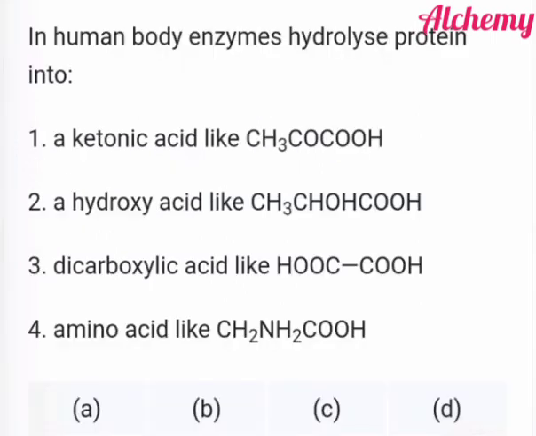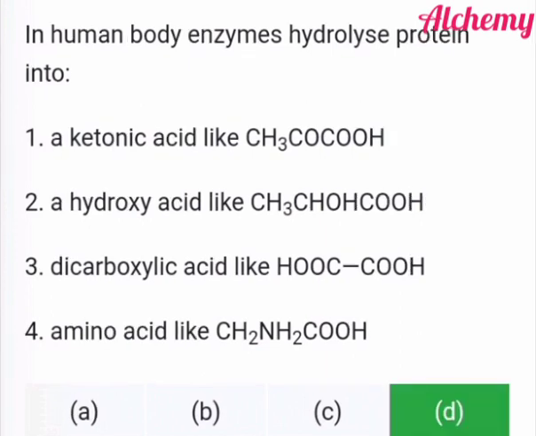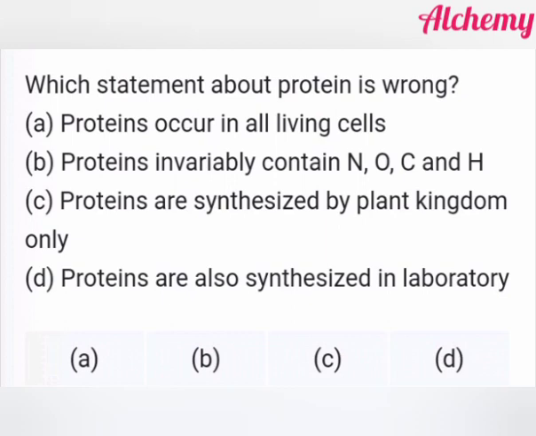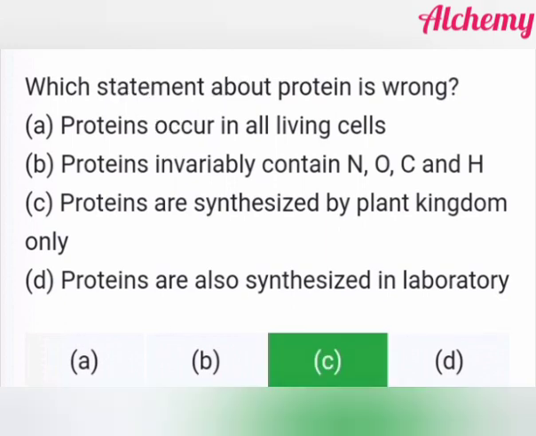Next question, in human body, enzymes hydrolyze proteins into. The correct answer is option D, amino acids like glycine. Next question, which statement about protein is wrong? The incorrect statement is option C, proteins are synthesized by plant kingdom only.